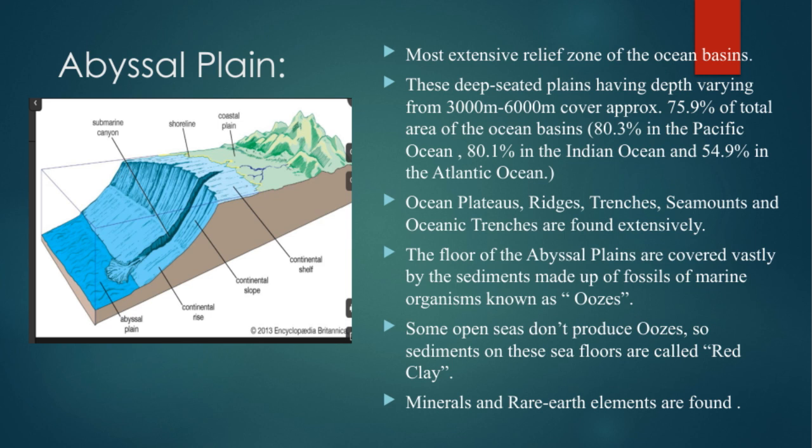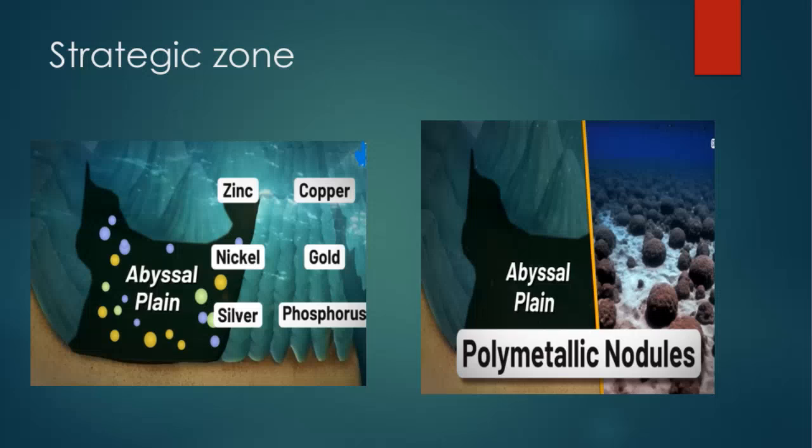Additionally, these plains are significant because minerals and rare earth elements are found here. This makes them not only vital for understanding ocean geology, but also potential sources for valuable resources. So, the abyssal plain is truly a crucial part of the ocean's overall structure, vast, complex, and rich in both biological and mineral wealth.